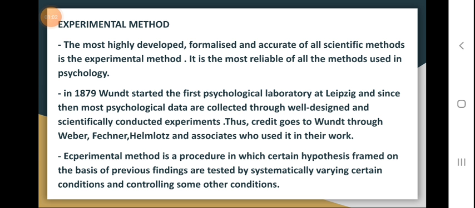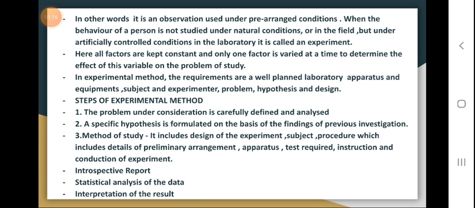Experimental method is a procedure in which certain hypotheses framed on the basis of previous findings are tested by systematically varying certain conditions and controlling some other conditions. In other words, it is an observation used under pre-arranged conditions. When the behavior of a person is not studied under natural conditions or in the field but under artificially controlled conditions in the laboratory, it is called an experiment.